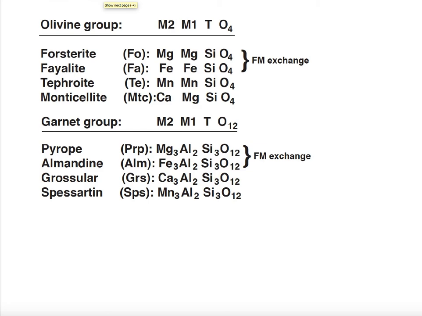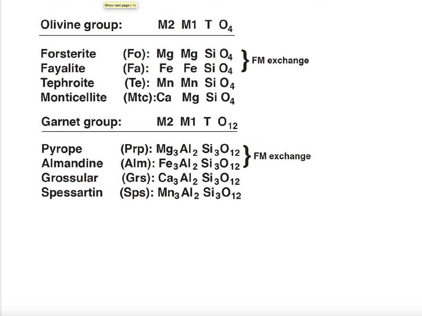So then we have the most prominent end member of the olivine, that is the forsterite. And the forsterite has the mineral chemical formula Mg2SiO4. So when you are writing down the mineral chemical formula, like I'm showing it here, then you can split it.